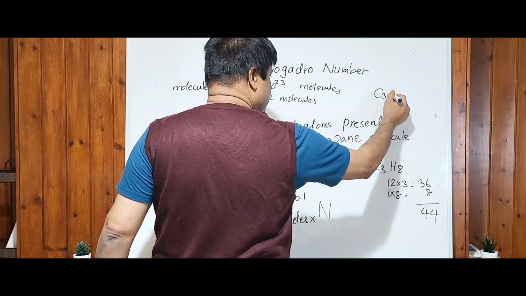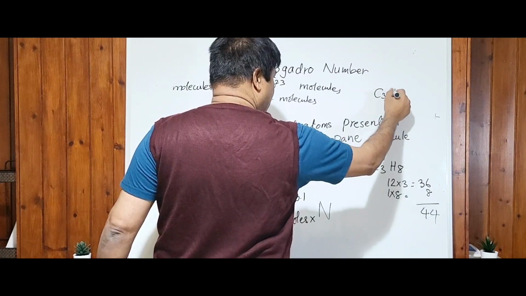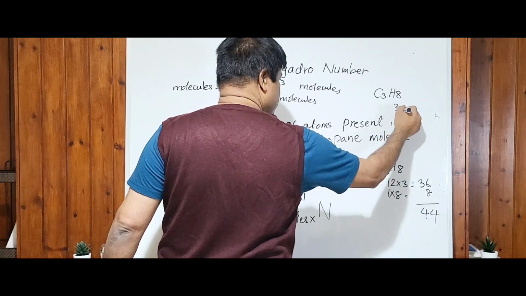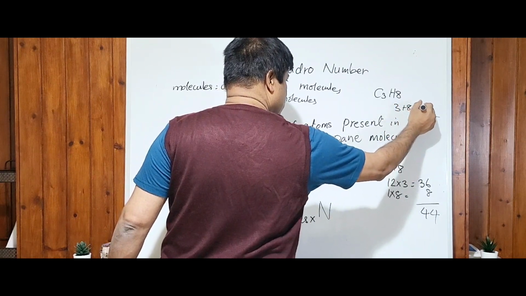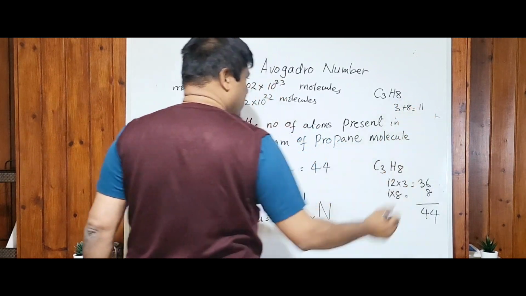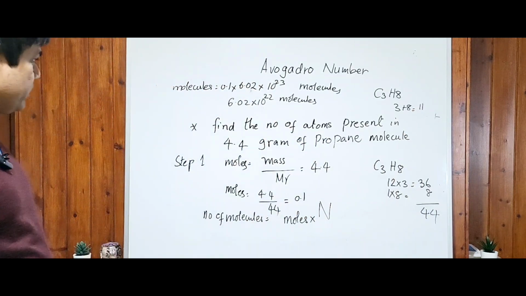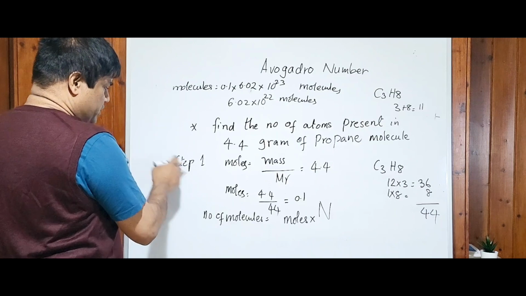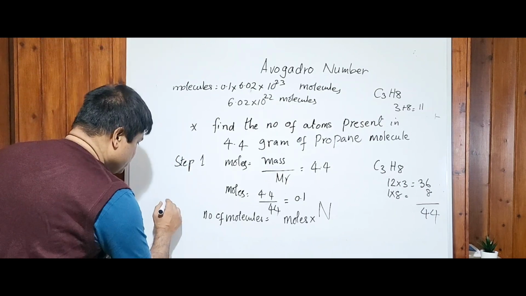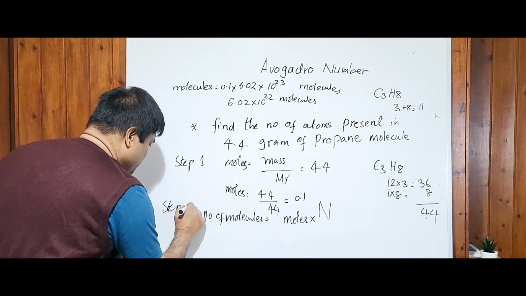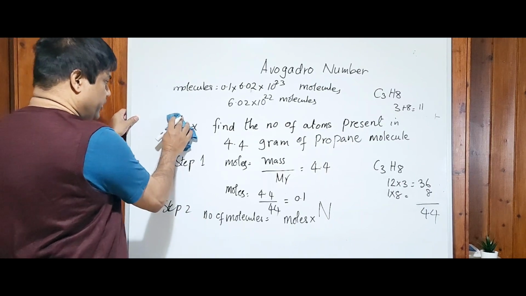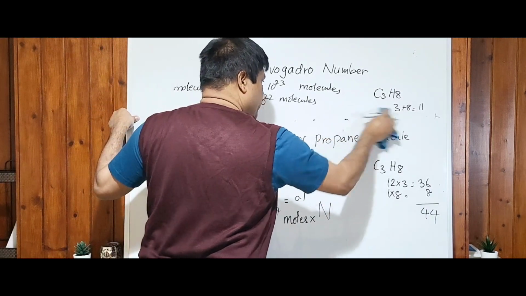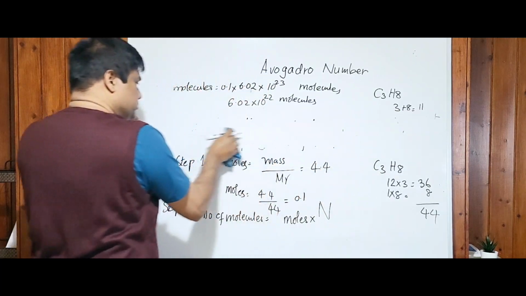C3, so 3 carbon atoms, and H8, 8 hydrogen atoms. 3 plus 8, total number of atoms in propane is 11. So step 1, step 2, and the last step 3, number of atoms. How can we work out the number of atoms?